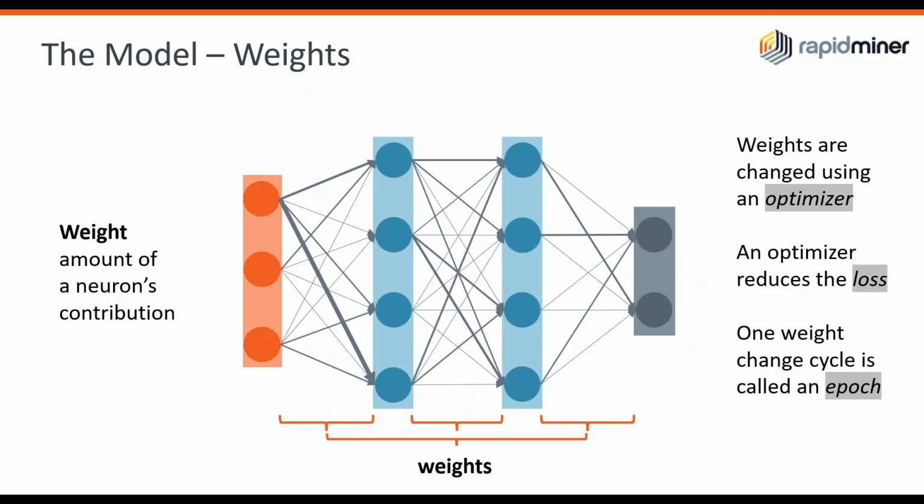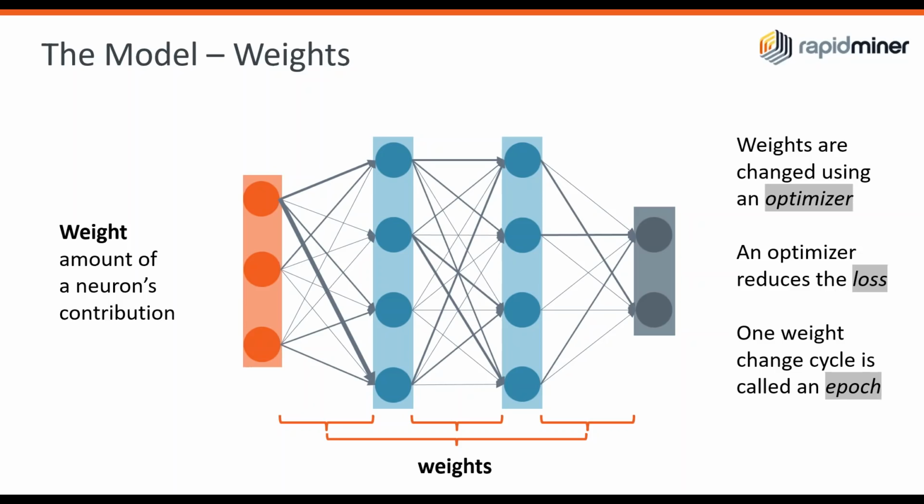Because we're doing it in a supervised way, this means that we know what's correct, because we have historical data where we already know the price of the basket value, for example. So we can take the result we're getting from our model and compare it to the real value, and then we see how good we are. Now this is measured in something called a loss, and this loss is different for different types of application.